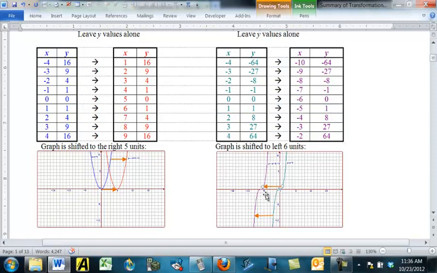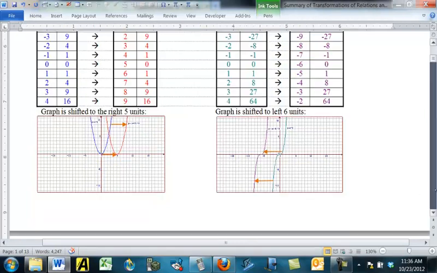And you can see that illustrated by this orange arrow here. So everything is going straight to the left 6 units. I also have another one here, I think, at negative 2, negative 8, and now it becomes negative 8, negative 8. So that's shifted from here over here, illustrated by that orange arrow.